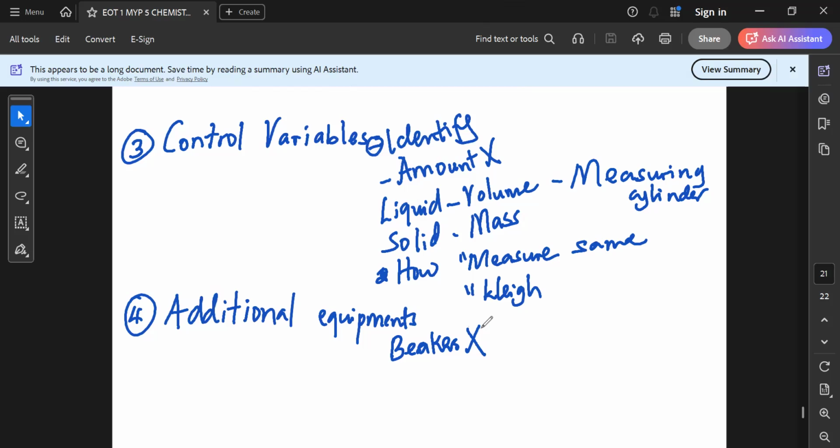Never say beakers. Yes, beakers have values, but the beakers have a lot of error, so we don't use them. We normally use a measuring cylinder. We can use a burette, a pipette, etc. depending. If it is a solid, of course you need a weighing scale. An electric balance, weighing scale, whatever you want to say, you'll be good to go.